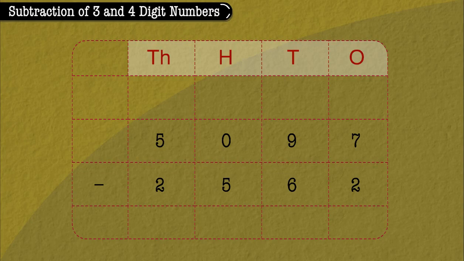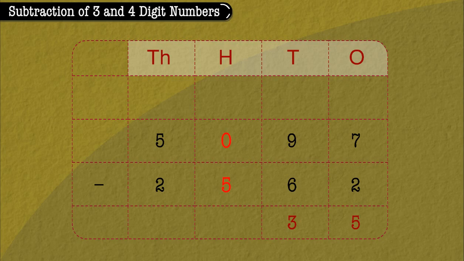That is, on subtracting the ones and tens place, we get 5 and 3 respectively. Now, let's see the hundreds place. In the hundreds place, a bigger number, 5, is to be subtracted from 0.